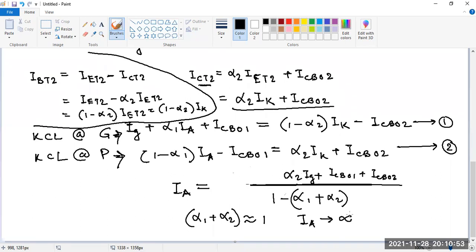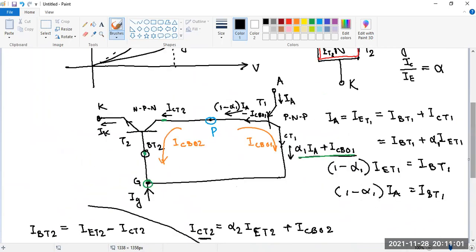Now think about the practical case. Suppose we have a forward bias, so anode is positive, cathode is negative, but the device is turned off. So this can be termed as a forward bias of the overall device. Am I right?